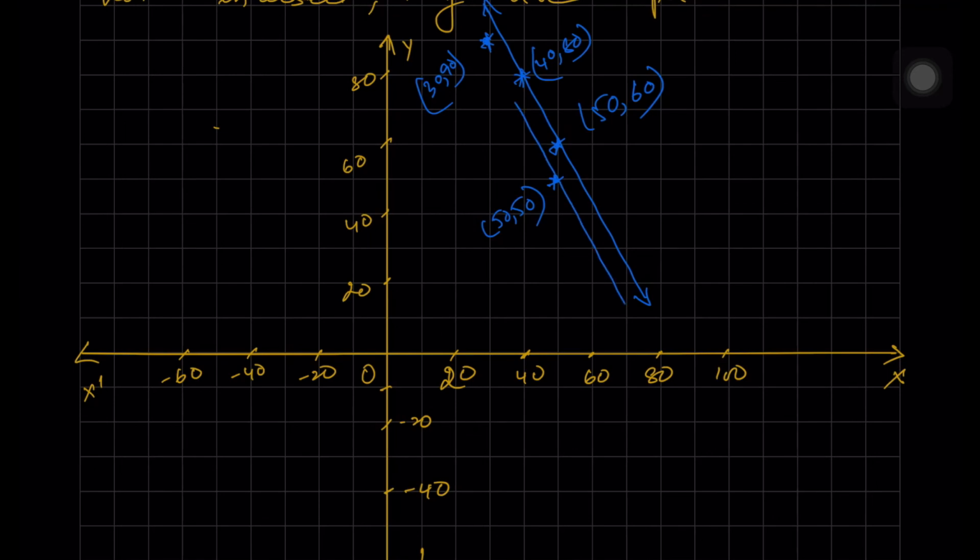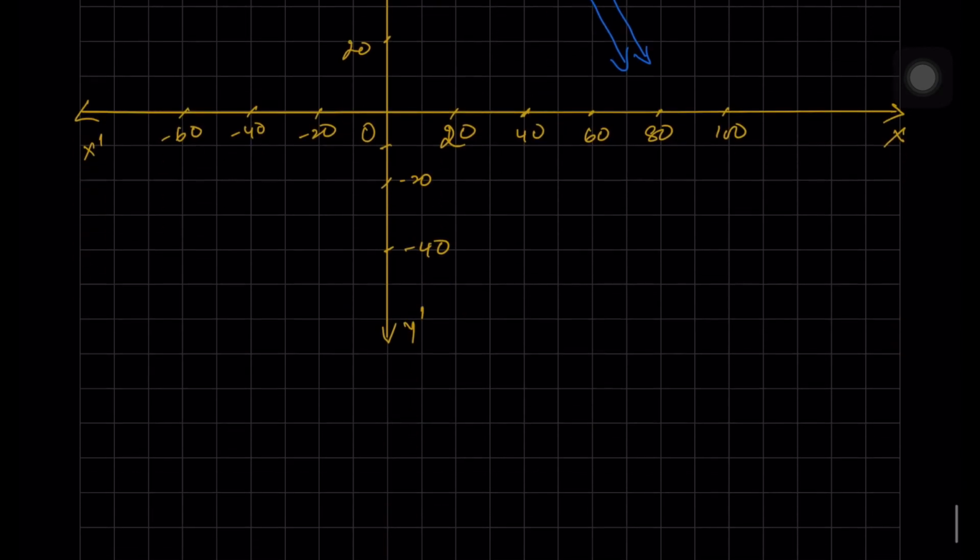So if we take different values of x, we get different values of y. So 50, 60, 40, 80 we got. Then we have the second equation as 2x plus y is equal to 150, y is equal to 150 minus 2x. Here we are again taking two values, 50, 60 and 30 and 90.